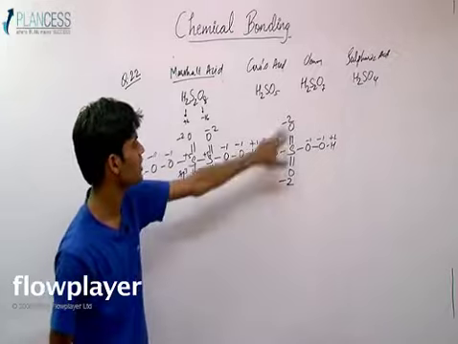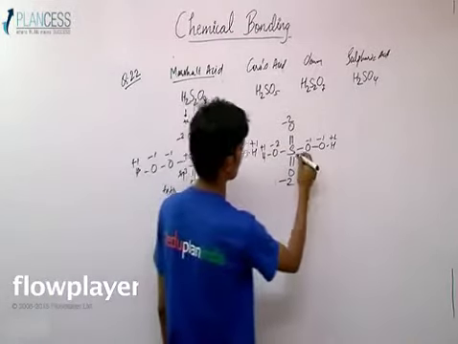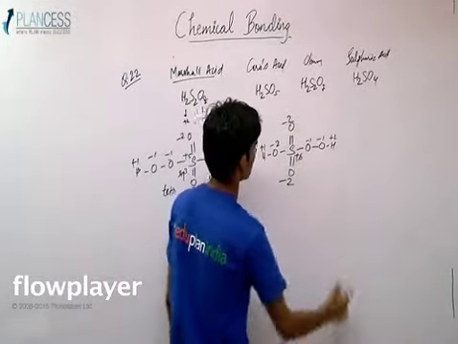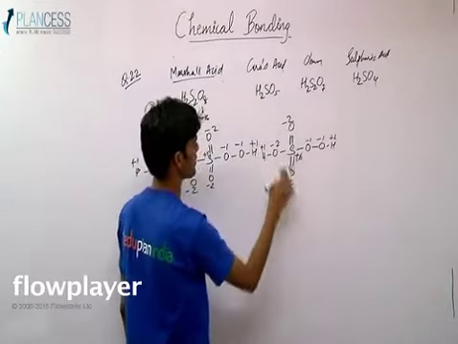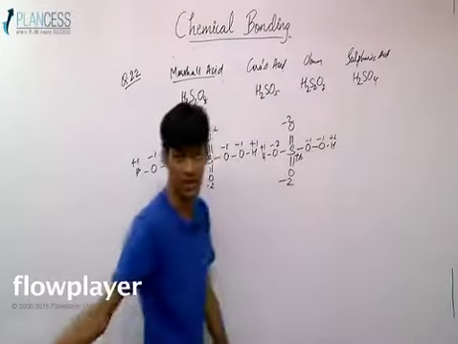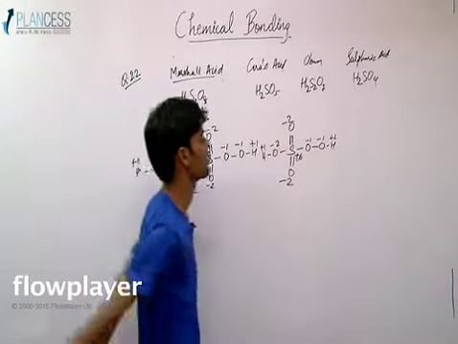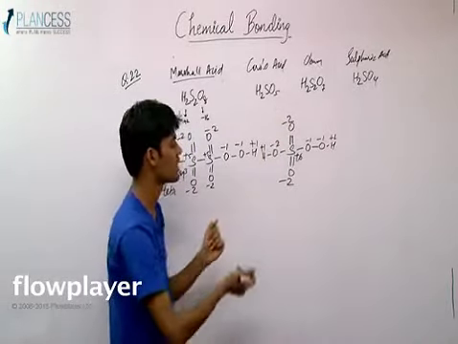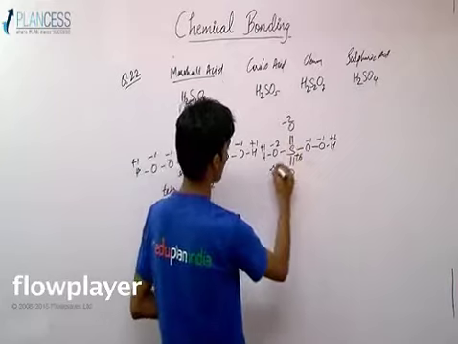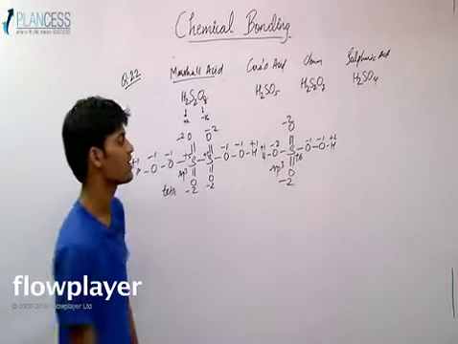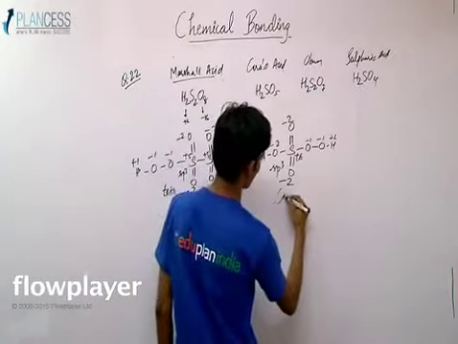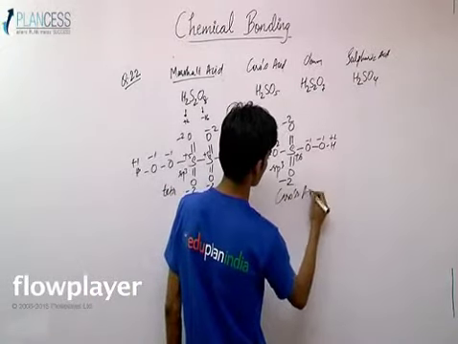So 6 + 1 + 1 is 8, and 2 + 2 + 2 + 1 + 1 would be 8. So the positive charge and the negative charge are neutralized, and it would have sp3 hybridization, 4 bond pair, no lone pair, tetrahedral geometry. This is the structure for Caro's acid.